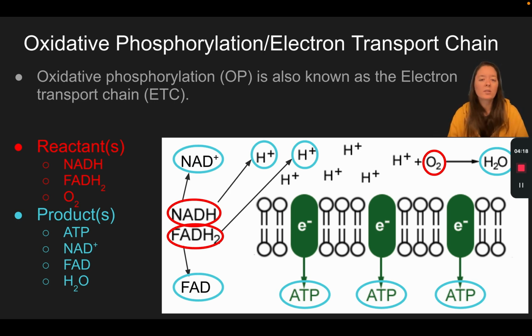And water is going to be formed as a product as well. So we breathe in the oxygen so that we can create water and breathe out that water. We don't actually use that water. So that's where some of the hydrogens go from the NADH and the FADH2. They form with the oxygen we're breathing in into a water molecule.